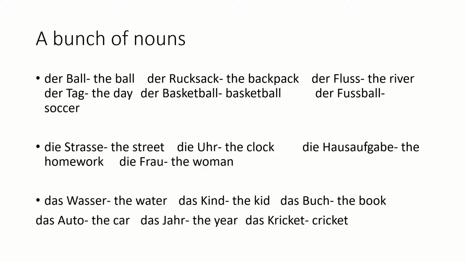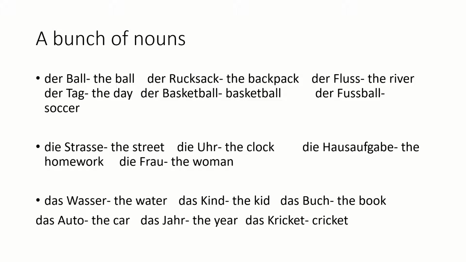So I have masculine at the top, feminine in the middle, and neuter at the bottom. I'll just pronounce them first, and then I'll have you guys repeat them after. So the first one is der Ball, der Rucksack, der Fluss, der Tag, der Basketball, and der Fußball.